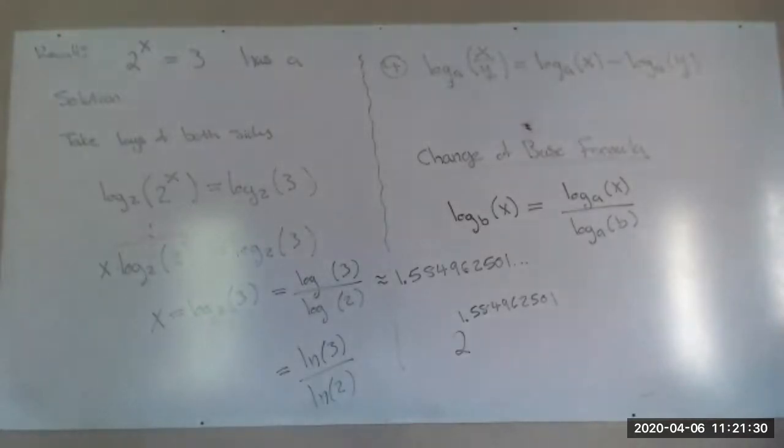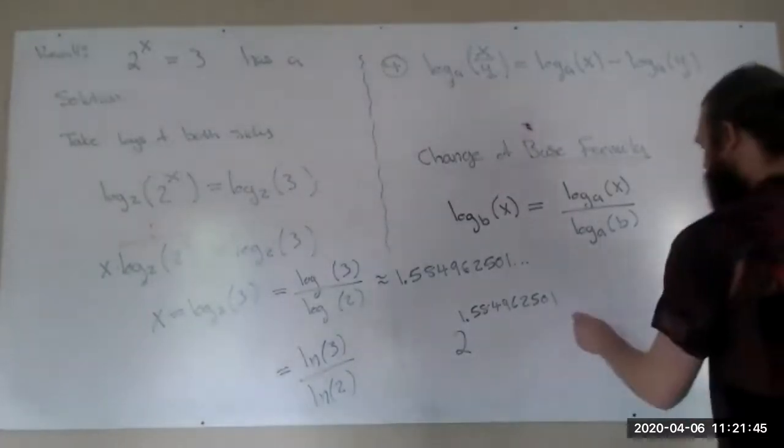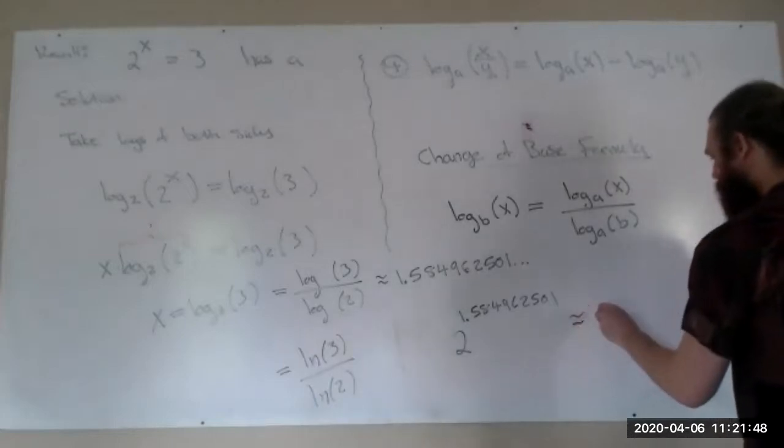Then open the parentheses and type 1.58496251. And I get out 3 point many, many zeros and then a 1. This is very, very close to 3.